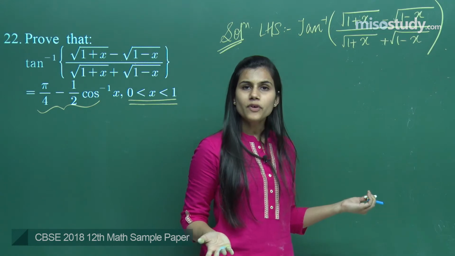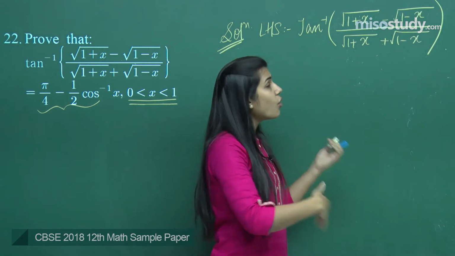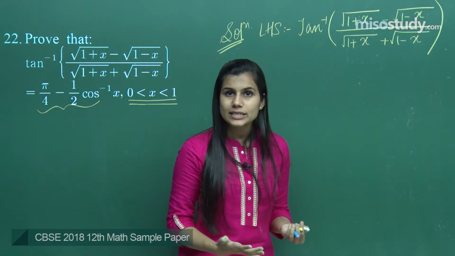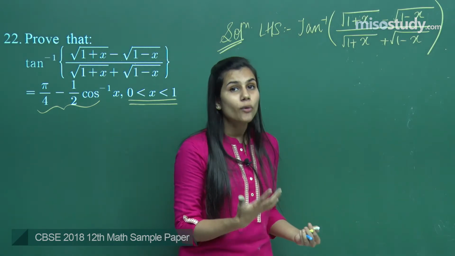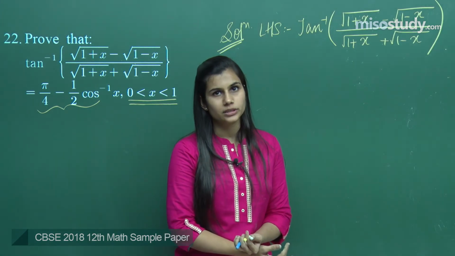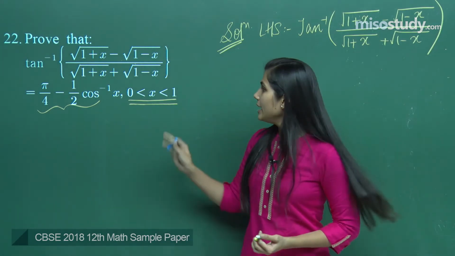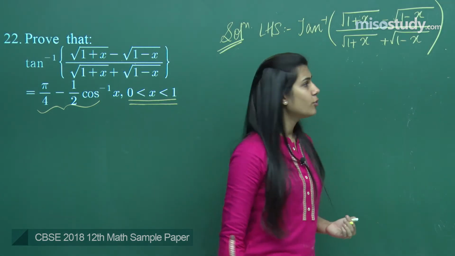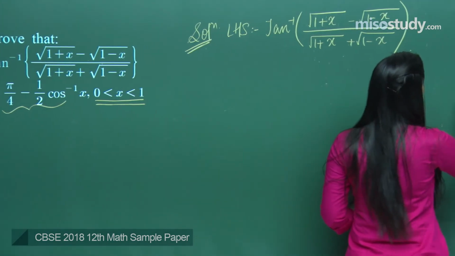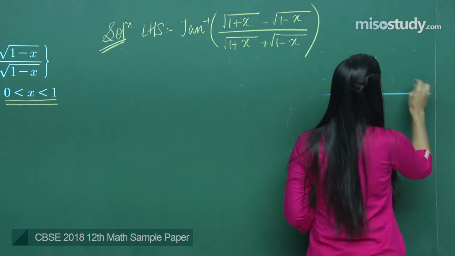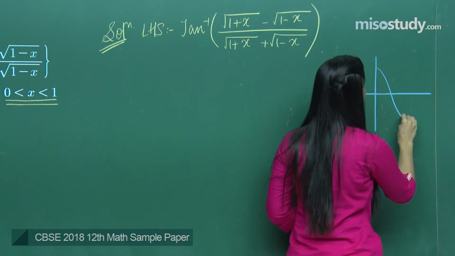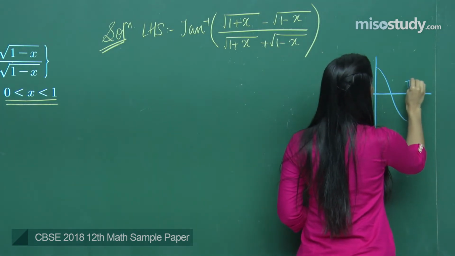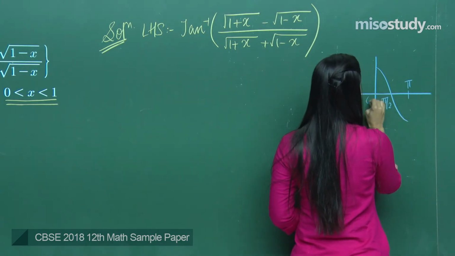Right now we cannot move further, we are stuck. So we are going to alter our x. In such cases we do that. We alter how x looks and then move further. So now x is given to be between 0 and 1. Just recall the graph of cos function.